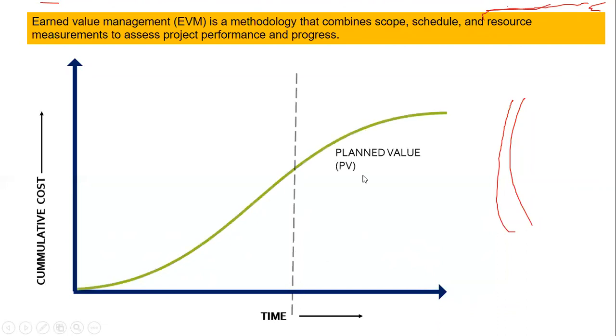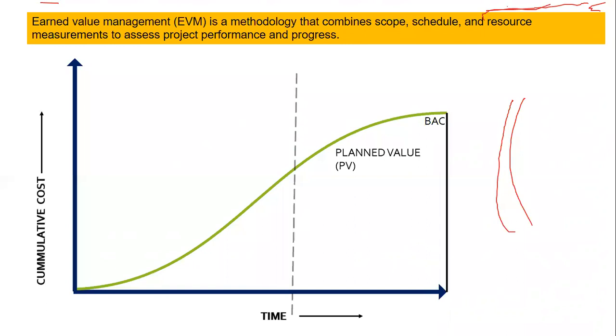So this is your planned value. Planned value is what you are assuming for your project from Jan to December, say the project is 1 year. What is your planned value or your planned budget? Let's take it as $1,000. So your project cost is $1,000, and it is called budget at completion.